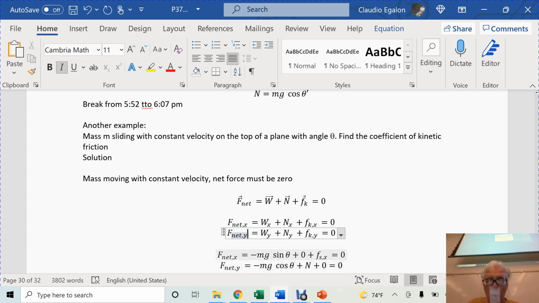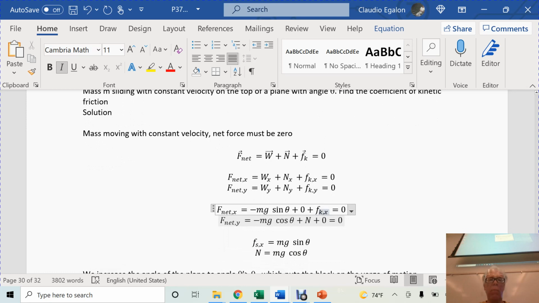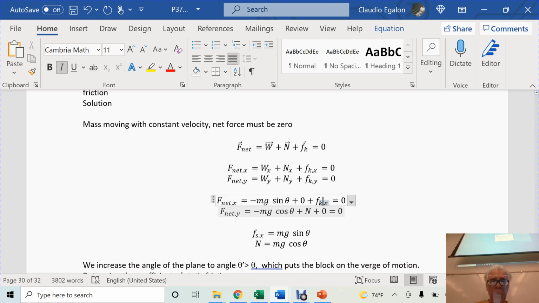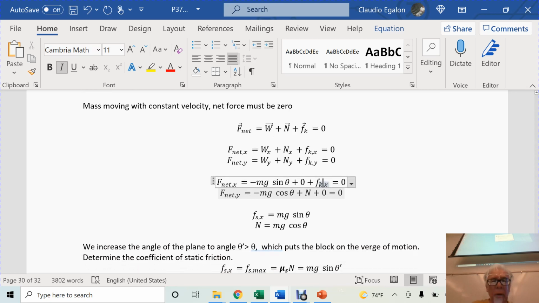This one is going to be F sub k again. There is no y component for the force of kinetic friction. Just like before, we're repeating the same problem for a different case, but all you have to do is change it.